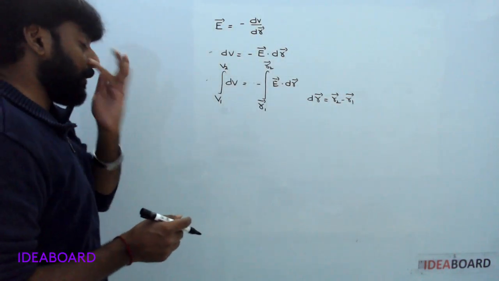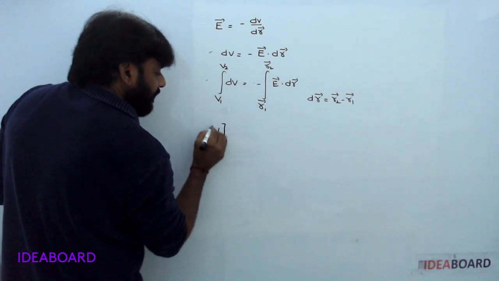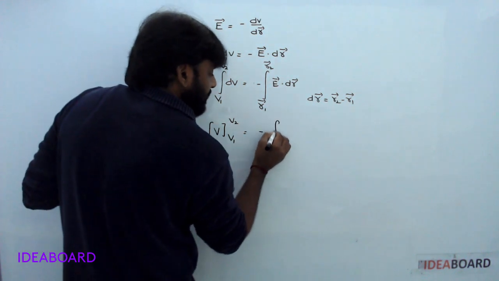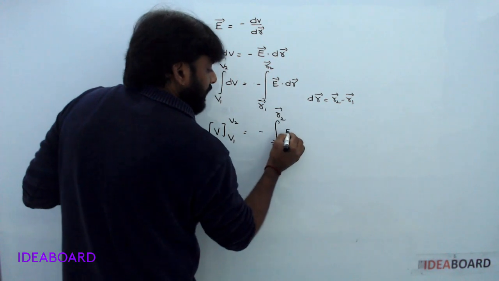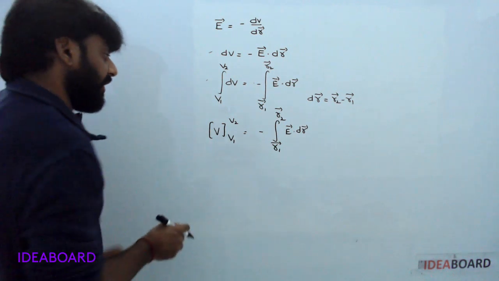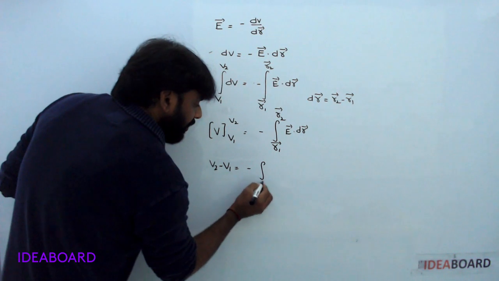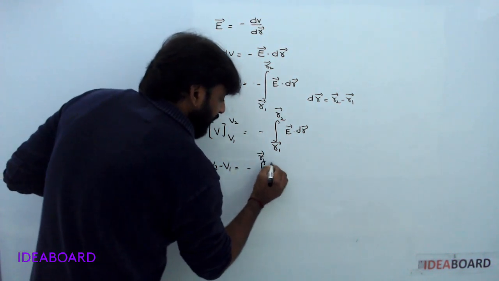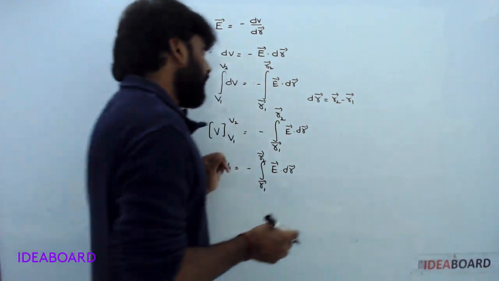So V2 minus V1 is equal to minus the integral from R1 bar to R2 bar of E bar dot dr bar. Understood?